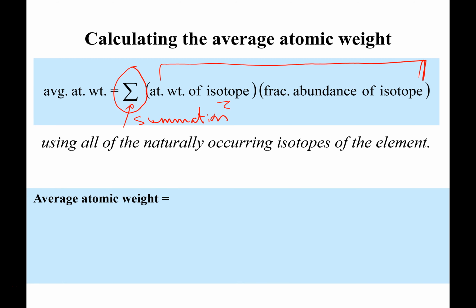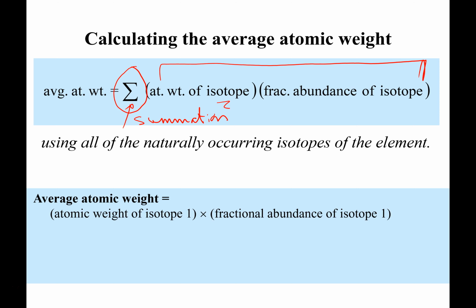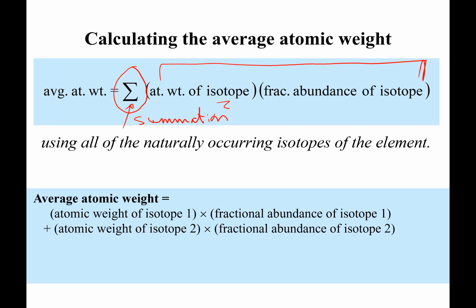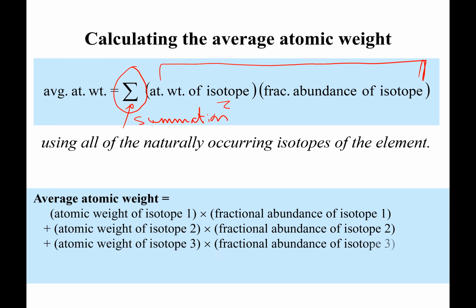If we're calculating the average atomic weight, we would take isotope 1, how much it weighs times its fractional abundance. To that we add another term for isotope 2, how much it weighs times its fractional abundance, then isotope 3, how much it weighs times its fractional abundance, etc., for however many isotopes we have.